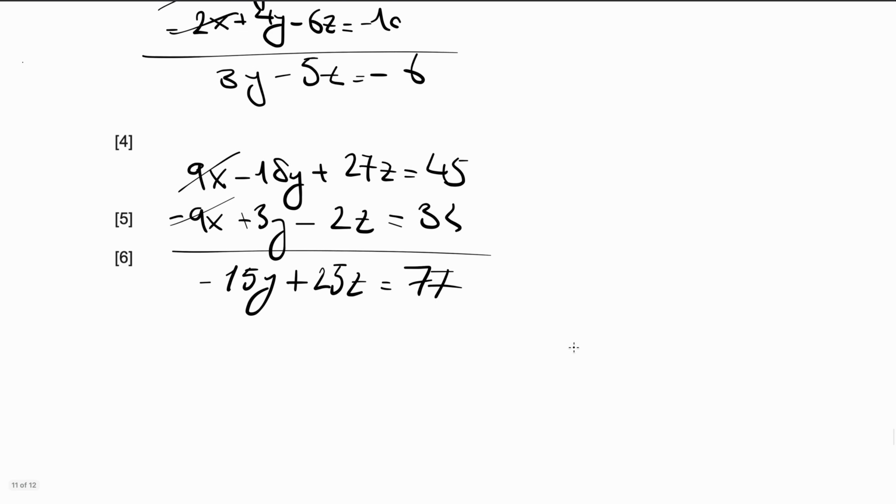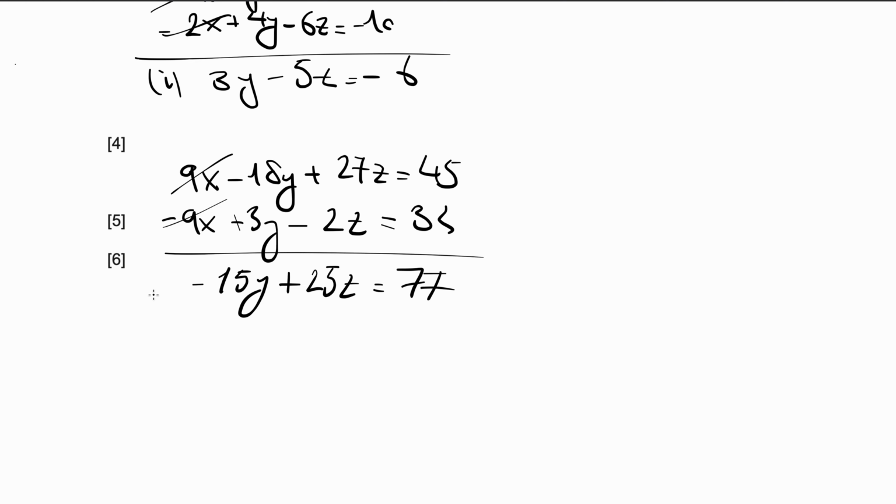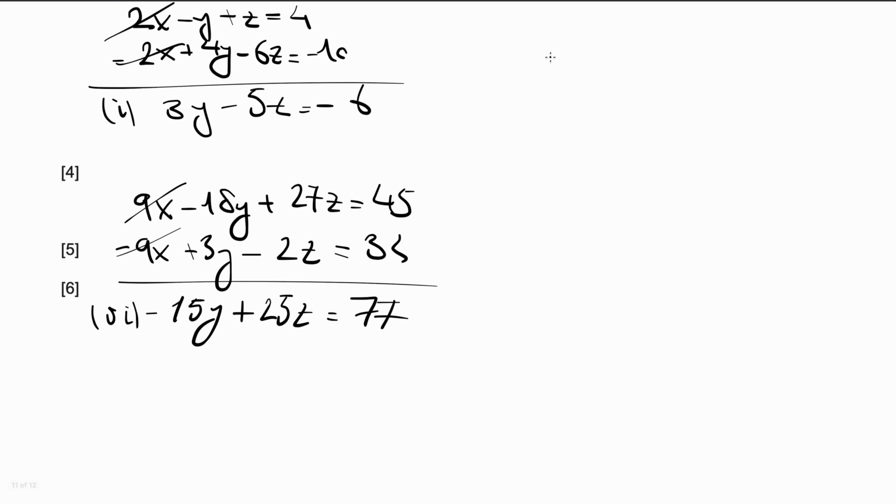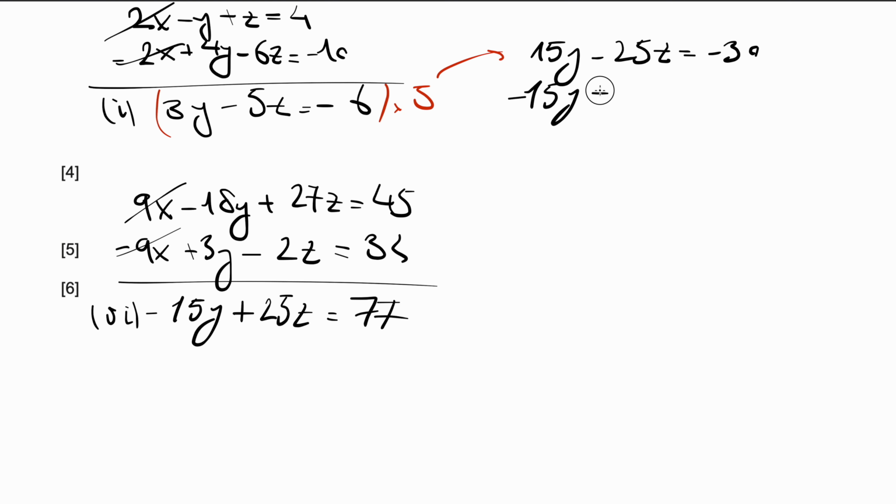We can solve the first equation and the second equation again simultaneously. So 3y, we multiply this by 5: 15y minus 25z equal to negative 30, then negative 15y plus 25z equal to 77.